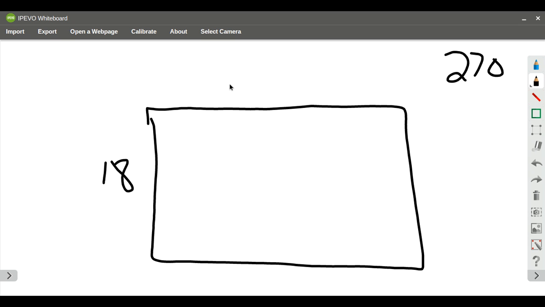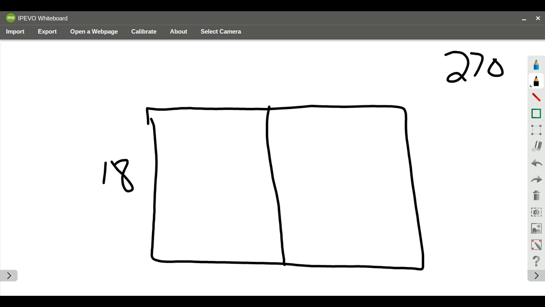And then what I'm going to be looking for is, if I have 270, so my area is going to be 270, I first want to know how many tens I'm going to have to find. So I'm going to divide my rectangle in half, and I'm going to look at how many tens I have.